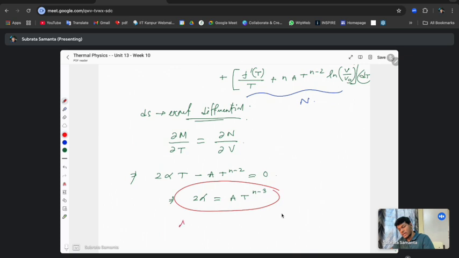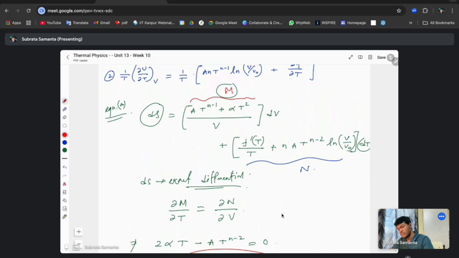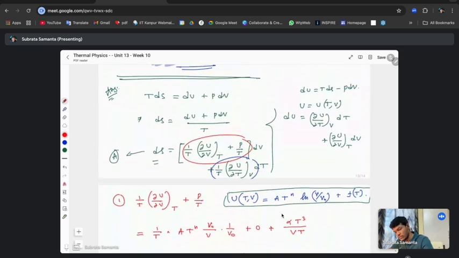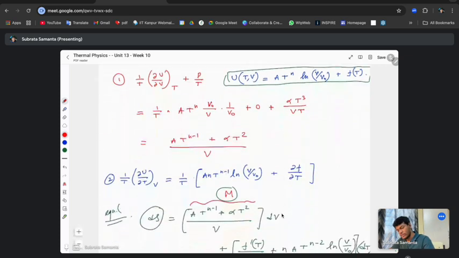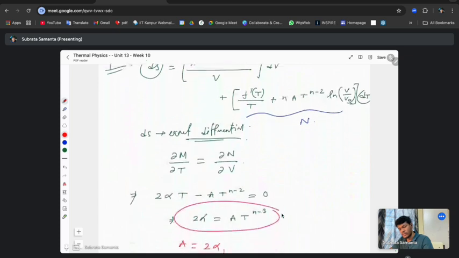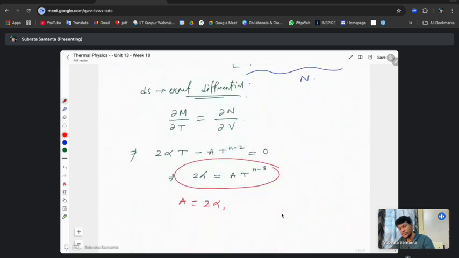Let's call this equation star. Okay, so from equation star, it becomes convenient. So A equals 2 alpha and T to the power n minus 3 equals T to the power 0. On the left hand side there is nothing, meaning T to the power 0.